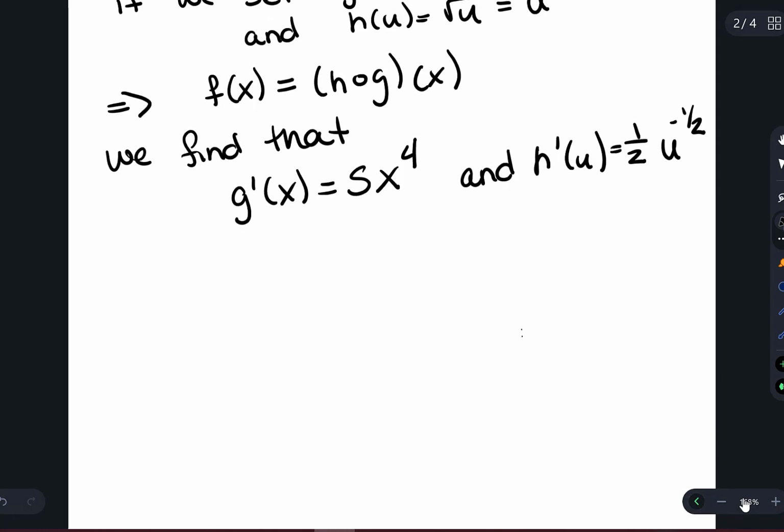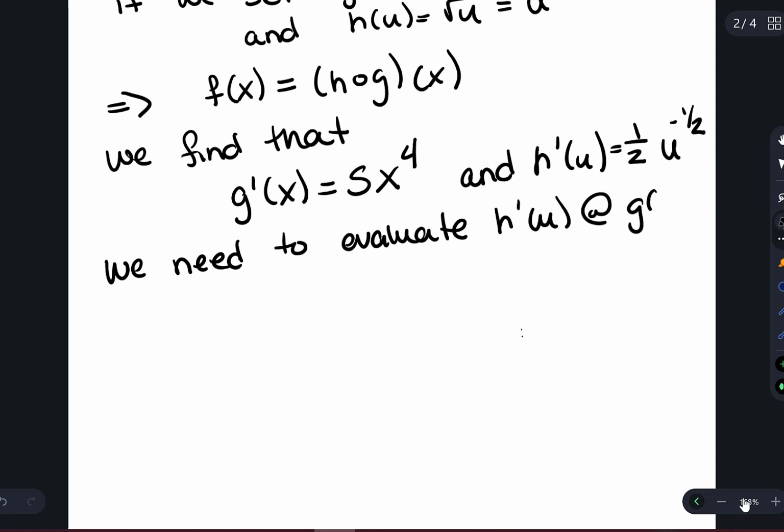So just like before, the first thing we need to do is evaluate h prime of u at g of x. So in other words, we need h prime evaluated at g of x.